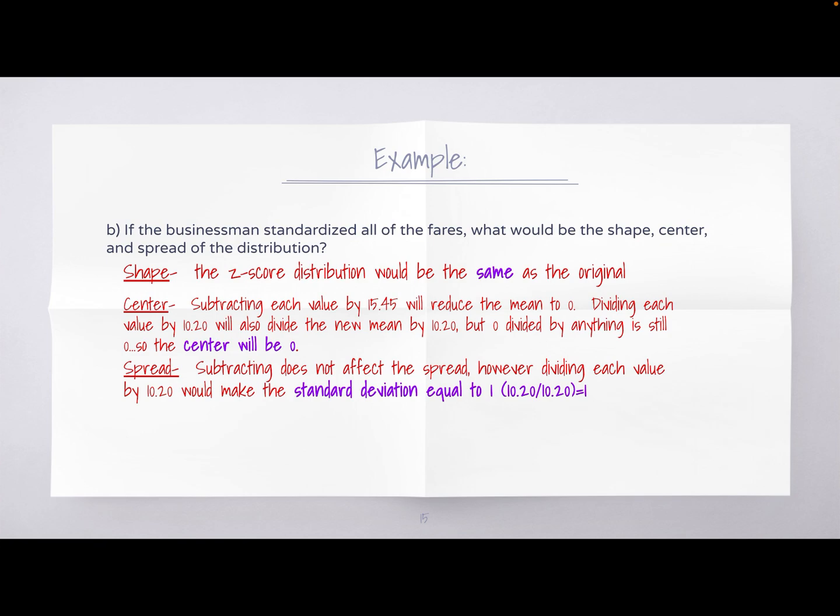Okay, so that's what we wrote in that table above. However, dividing each value by 10.20 would make the standard deviation equal to 1. So the shape stays the same, the center changes to 0, and spread equals 1, or standard deviation equals 1. So that's the spread that we'll be using.